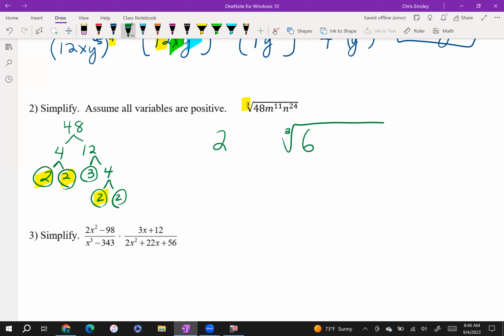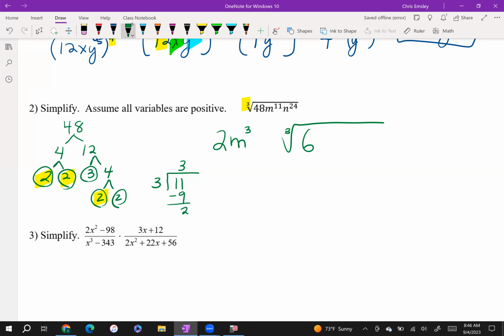Now we have m to the 11th. So the question we ask ourselves is, how many sets of 3 are there in 11? One way to answer that is through division. 3 goes into 11 3 times. So that means m to the 3rd gets to come out of the radical. But that doesn't take care of all 11 of them. That only takes care of 9 of those m's.